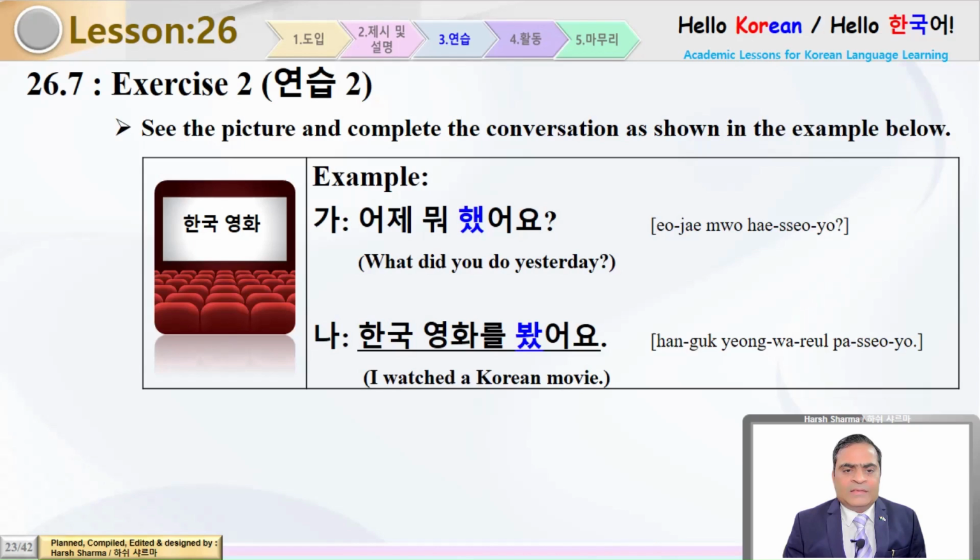So, the sentence is 어제 뭐 했어요? What did you do yesterday? I watched a Korean movie. So now you can make this sentence, 여러분. I watched a Korean movie is 한국 영화를 봤어요. 한국 영화를 봤어요. Here past tense is 봤어요. Root form is 보다, to watch or to see, 여러분.